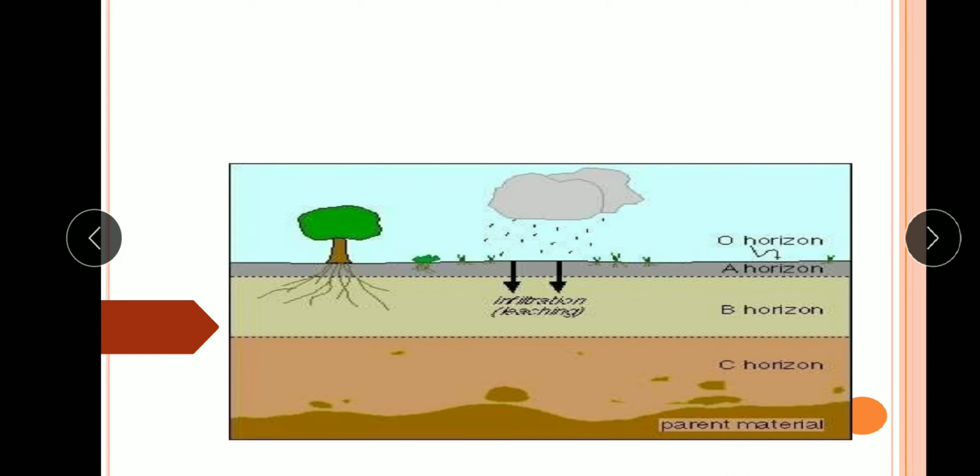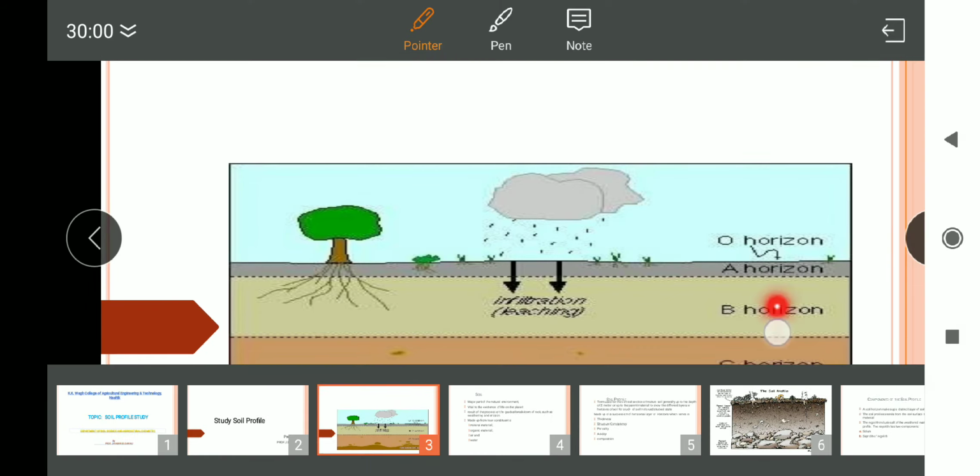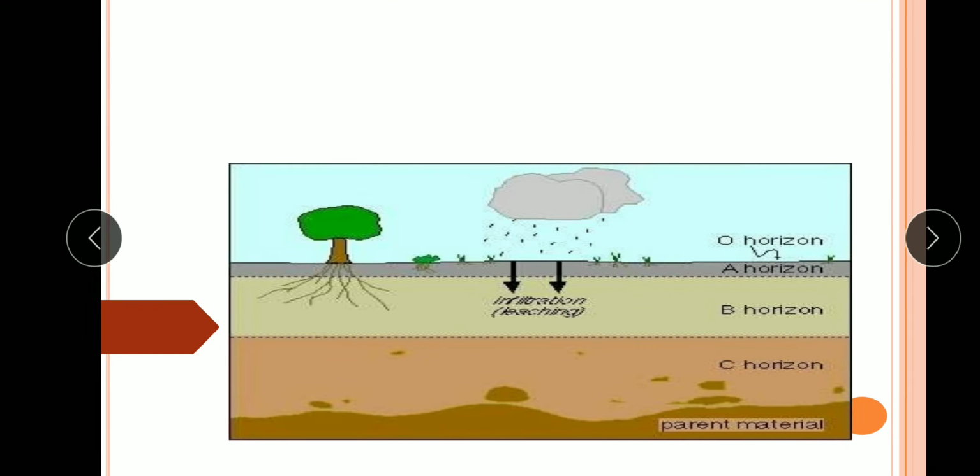It consists of different layers: O horizon, A horizon, B horizon, and C horizon. But in this picture, A horizon, B horizon, and C horizon are the main horizons.